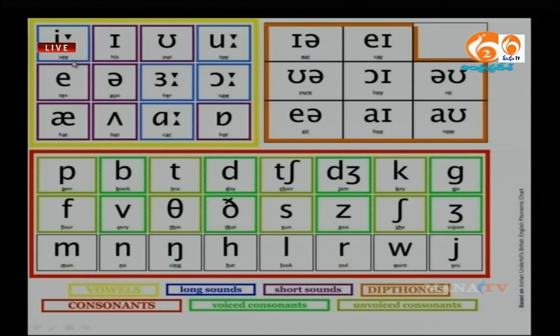These words where the cursor is shown are your vowel sounds. When a sound is produced without any obstruction of air, so there is a free flow, and the air is not obstructed, these sounds are freely produced and called vowel sounds.